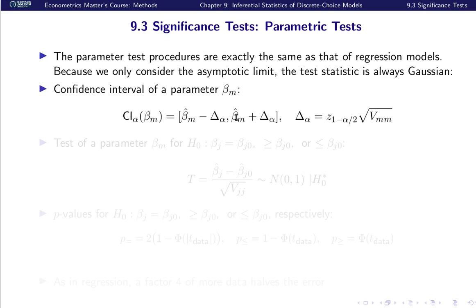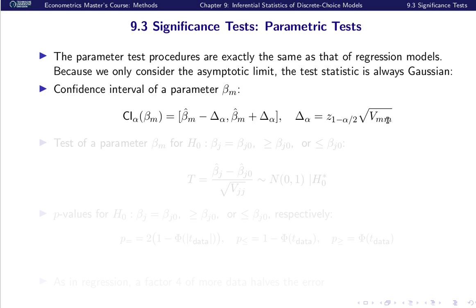Then the confidence intervals are just given in terms of the standard normal quantile. It's just the usual confidence interval around the estimated value, and the half width delta, which depends of course on the confidence level alpha, is just the quantile of the standard normal at 1 minus alpha half times the standard deviation of the estimated error, which we take at face value.